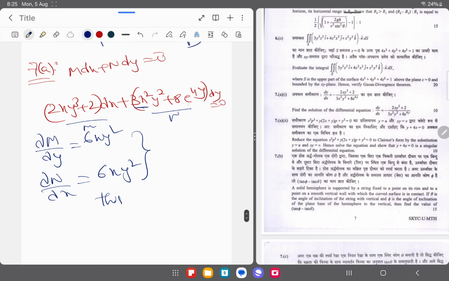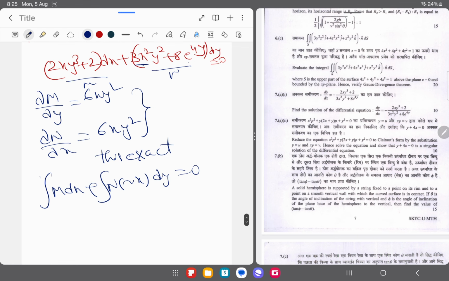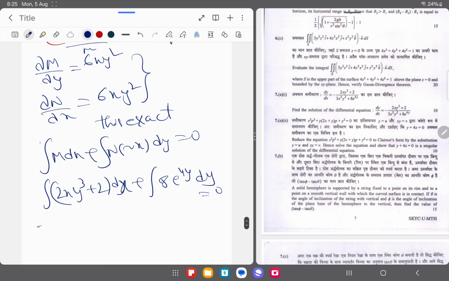So this is exact. What will be the exact solution? M dx plus N without x terms dy, right? So this will be integral of 2x y cubed plus 2 dx plus 8 e power 4y dy, with y constant in dx, is equal to 0.